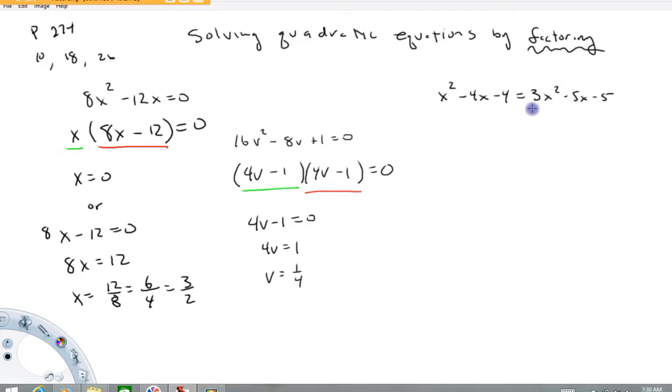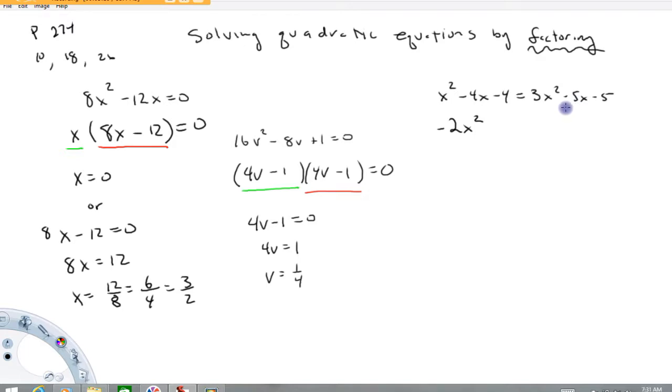And I'm going to do this in one step here. So first of all, to move this to the left, I'd have to subtract 3x squared from both sides. So if I take x squared and I subtract 3x squared, I would now have minus 2x squared. This guy right here, if I want to move it to the left, I would have to add it to both sides.